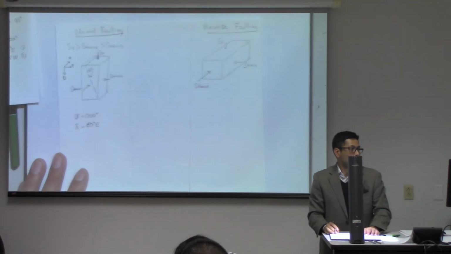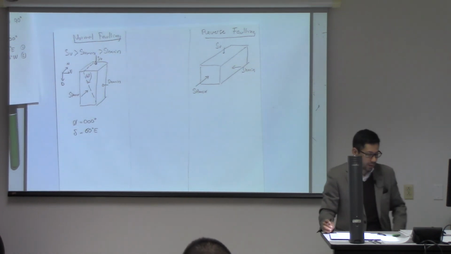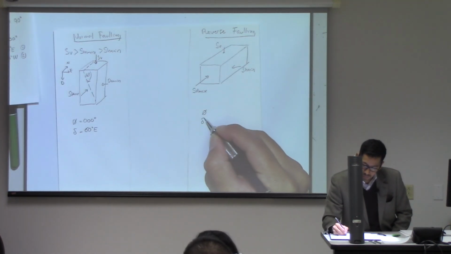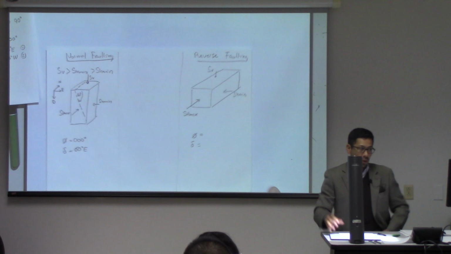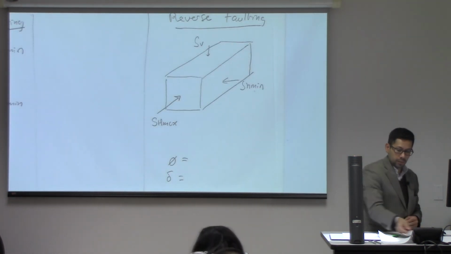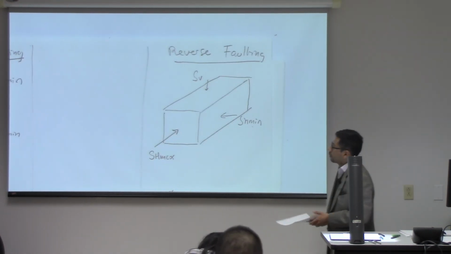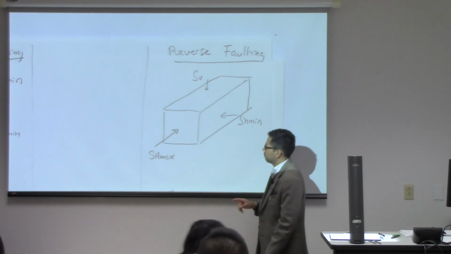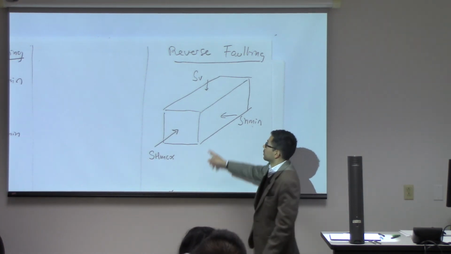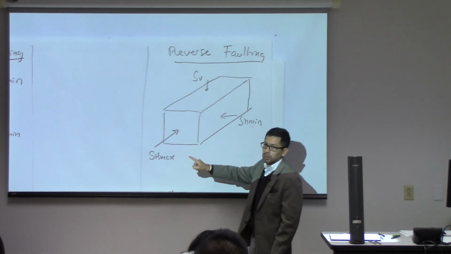So reverse faulting. Okay, what is the plane at which you will expect a fault in this location? So let's try to solve this all together. Using the same concept that we saw before. What is the maximum principal stress in this case? SH max, right? And the minimum?